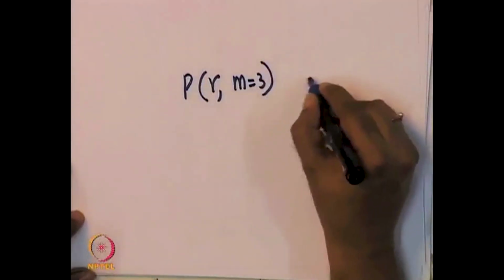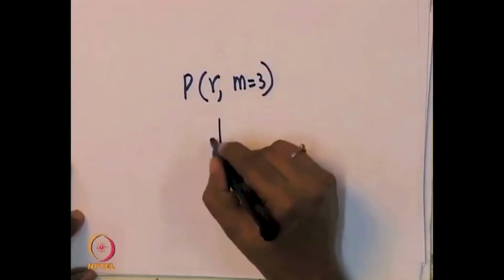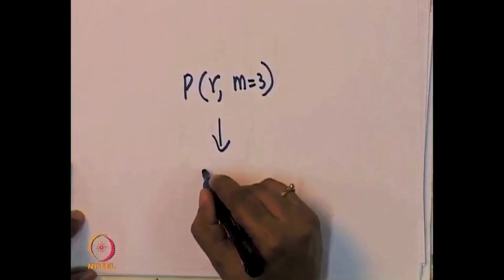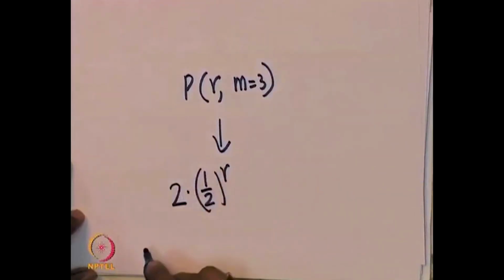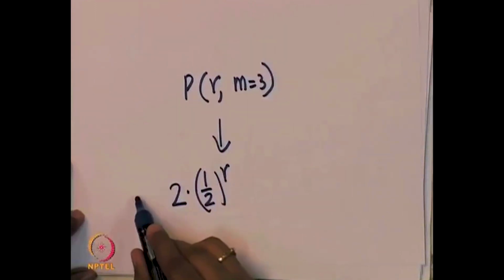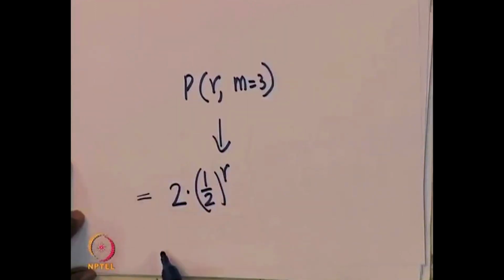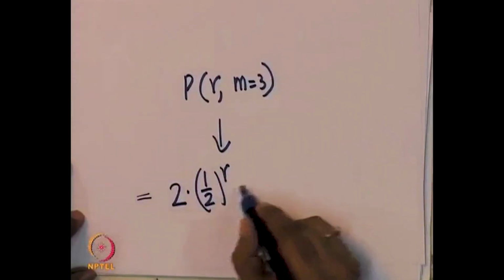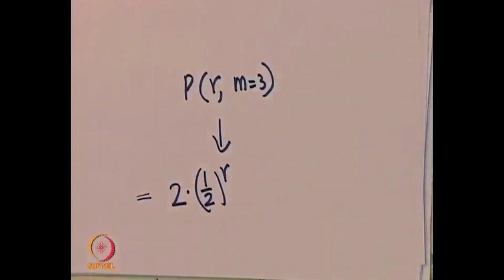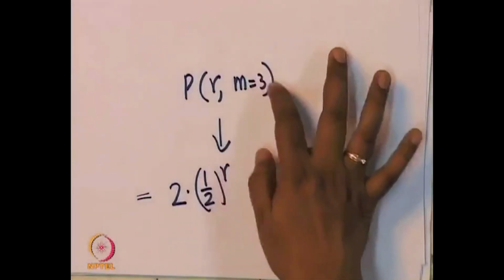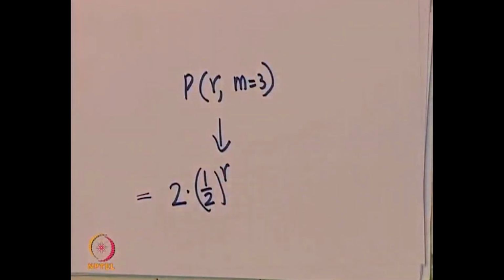Then he could calculate what fraction of this is unilateral, that is half power R into 2. So, from this he concluded that when m equals 3, the fraction of people having unilateral retinoblastoma also agreed with the m equal to 3 that he obtained.